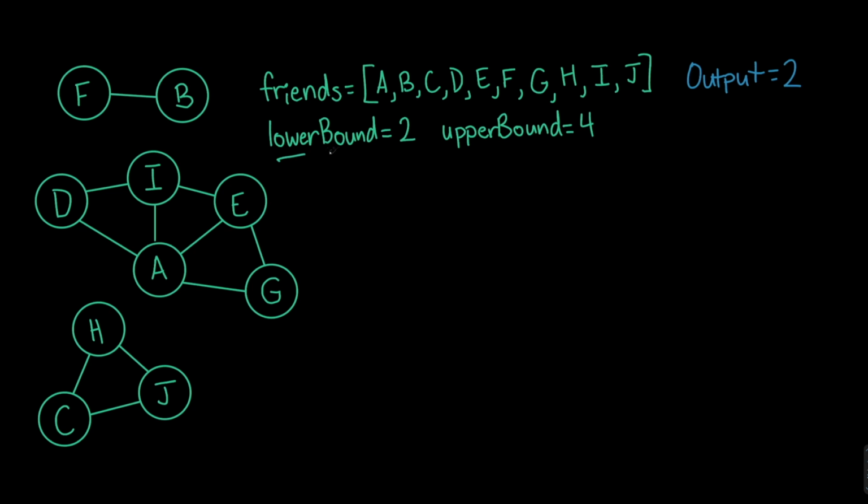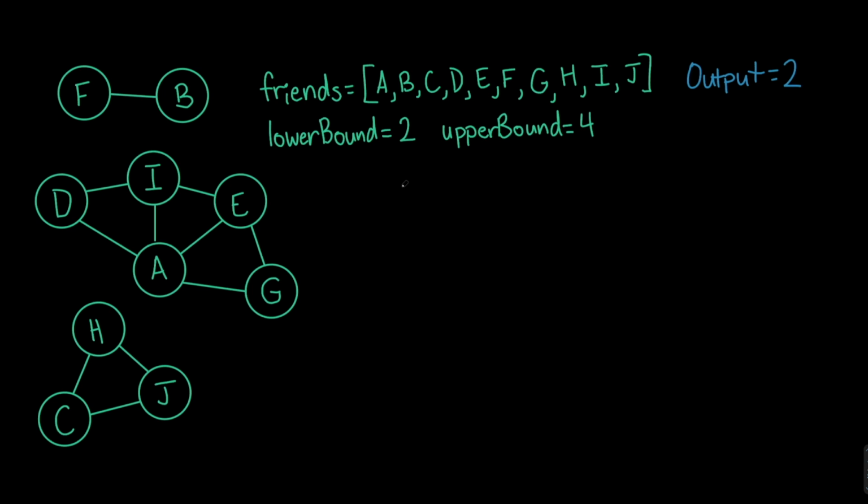You'll also be given a lower bound and an upper bound here. And in this question, we are defining a perfectly sized friend group as a group whose size fits between the lower bound and upper bound. Both of those are inclusive. So as an example, in this problem, if you had a friend group that had 2 people, it's considered perfectly sized.